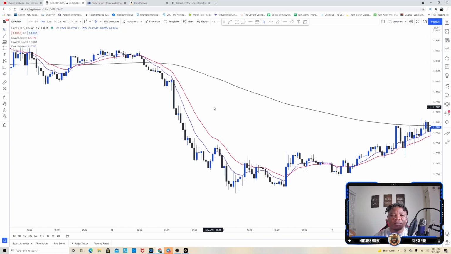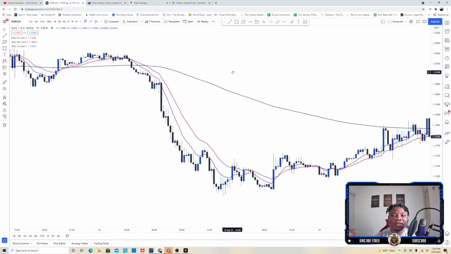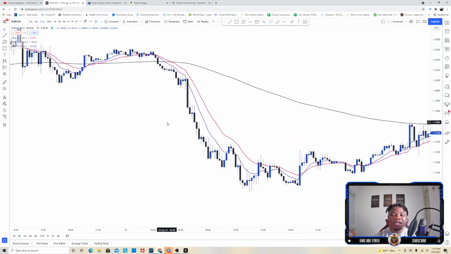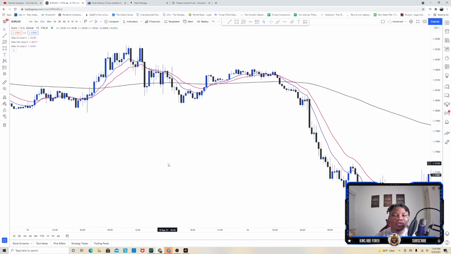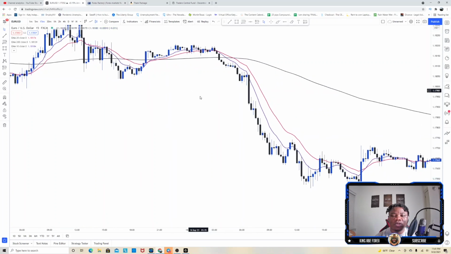scalping. Now, if we take a look at this cell right over here, to use this strategy, the confirmations that we need: once price is above the 200 EMA, we're expecting to see a long-term buy trade, and once price is below the 200 EMA, we're expecting to see a long-term sell trade.